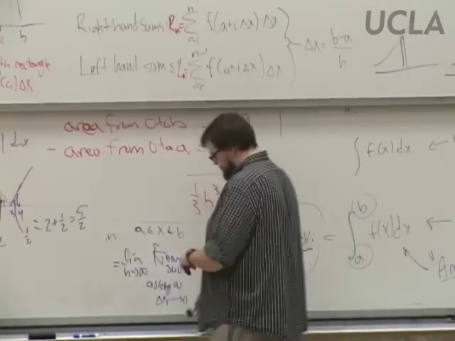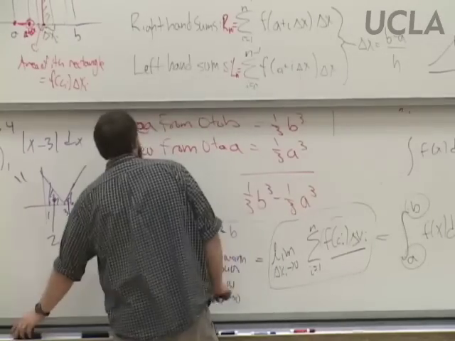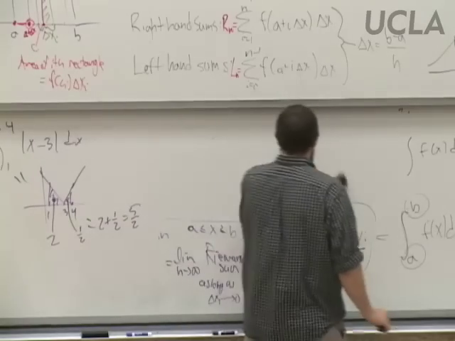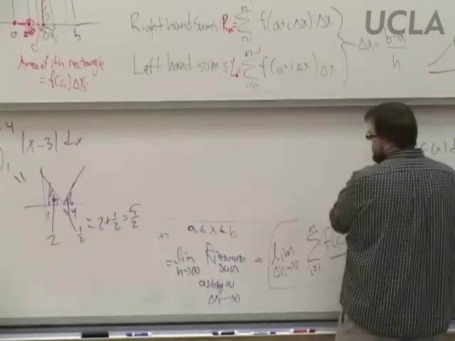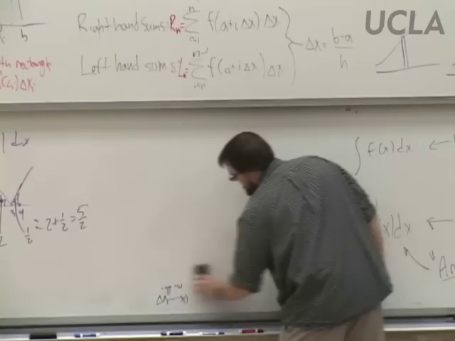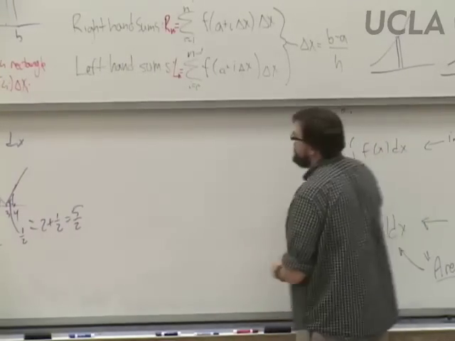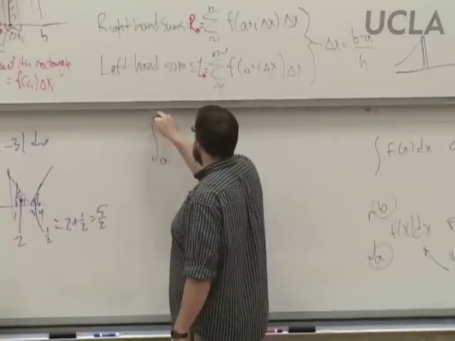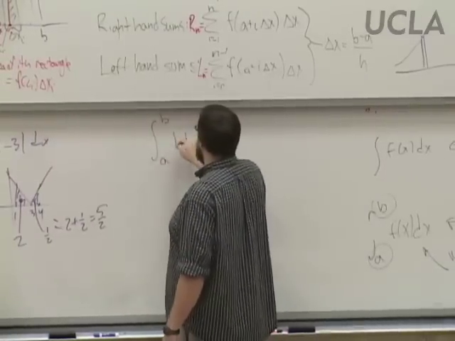All right. So let's go through and let's write down some basic facts. Things that we know already, things that we've figured out. Suppose I ask for the definite integral from a up to b of 1 dx.